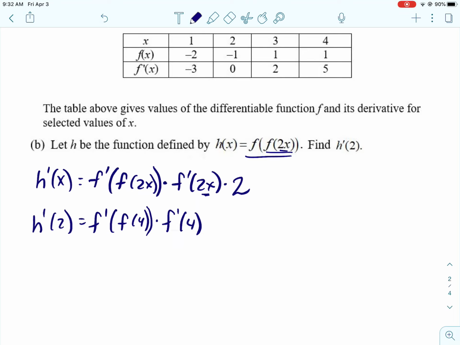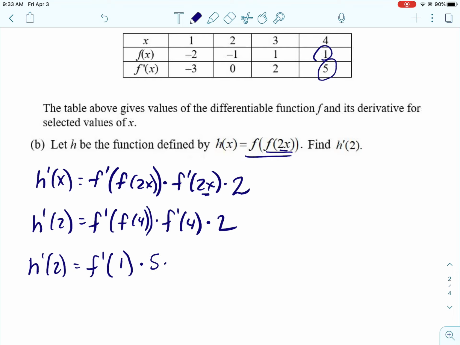Alright, then we can go ahead and put in our 2. So 2 times 2 is 4. Okay, and then we'll just slowly start finding these values using the table. Alright, f of 4 is 1.